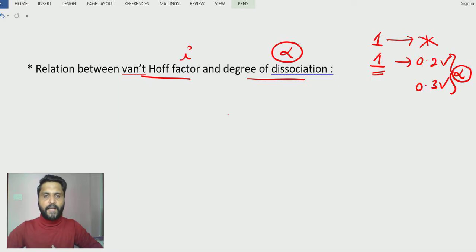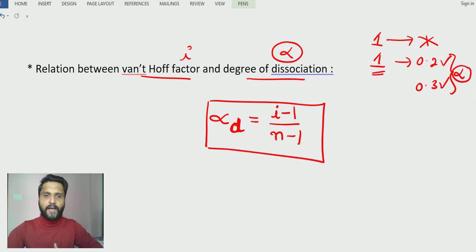Now, what is the relation between Van 't Hoff factor i and the degree of dissociation? Degree of dissociation alpha D is equal to i minus 1 divided by n minus 1. This you have to remember. Alpha, degree of dissociation, D for dissociation, or ionization, dissociation and ionization are the same, is equal to i minus 1 divided by n minus 1.